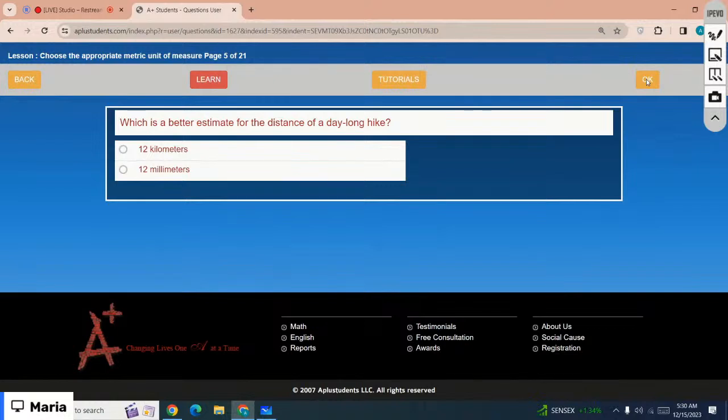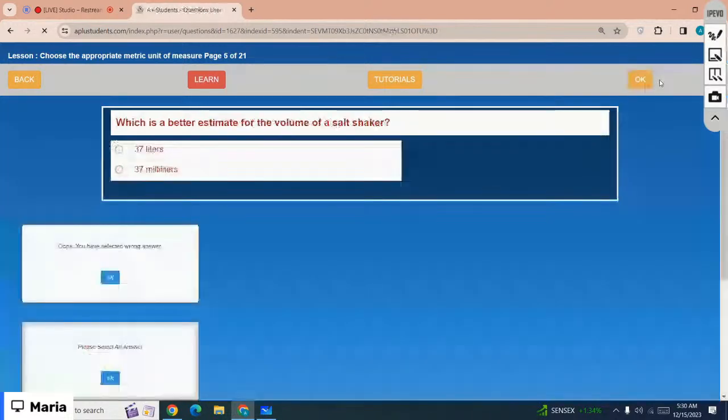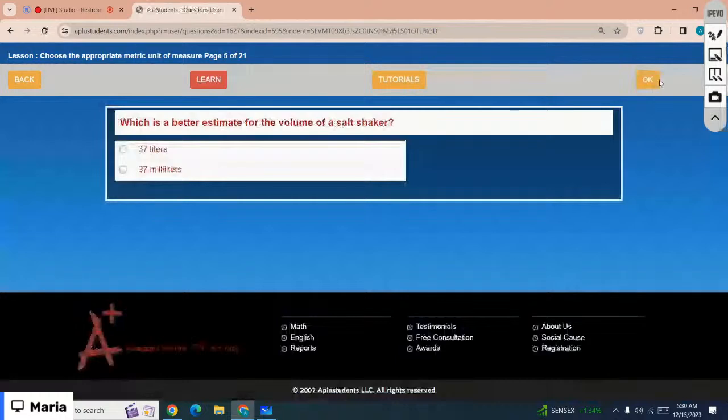That is 12 kilometers, right? Day-long hike it is, so it must be in kilometers. Which is the better estimate for the salt shaker?